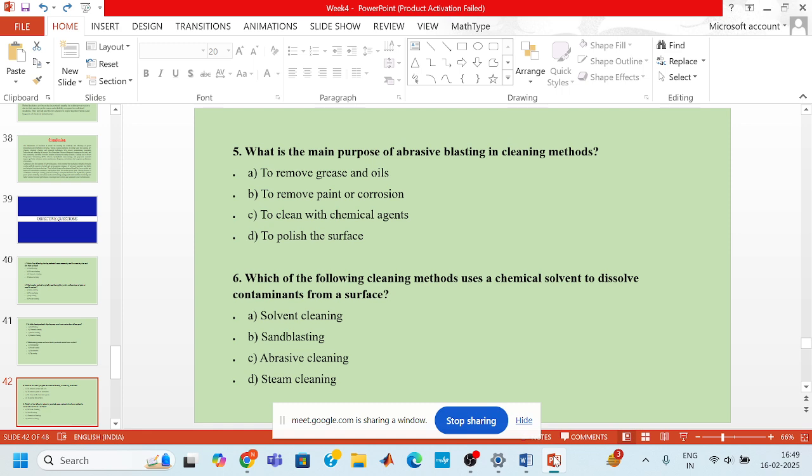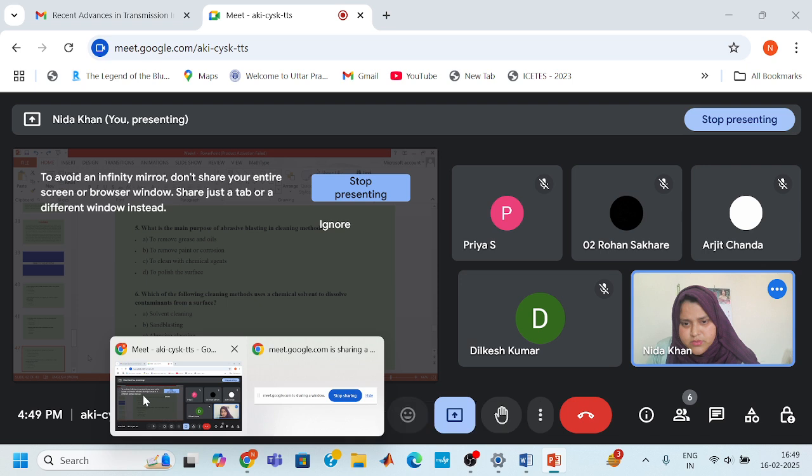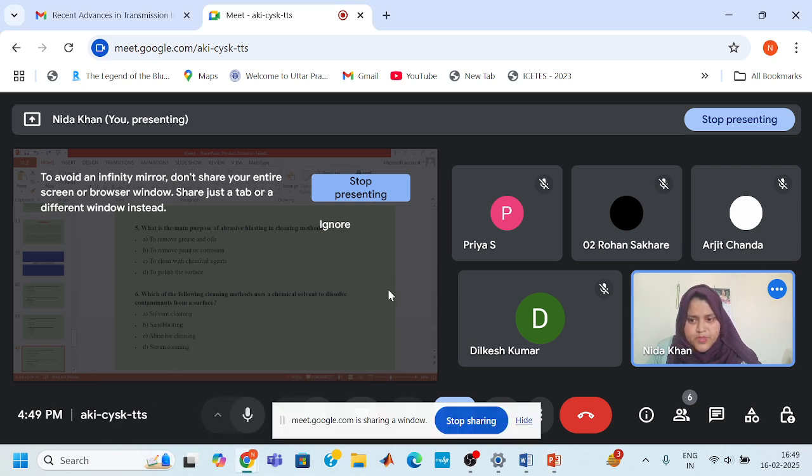The correct option is A, solvent cleaning. This cleaning method uses a chemical solvent to dissolve contaminants from a surface, like I have discussed in zinc coating, in which the insulator is deposited inside the molten zinc to clean the surface and provide the coating.